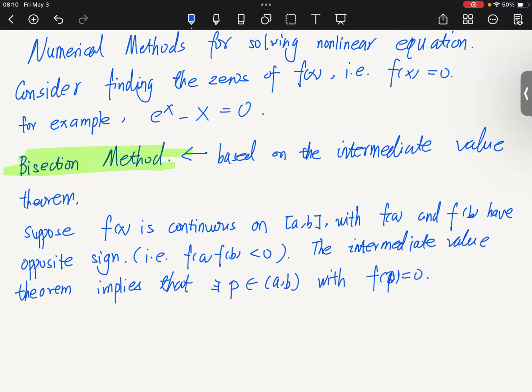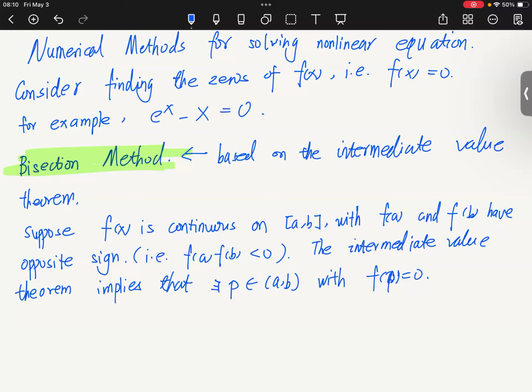And f(p) equals 0 means that p is the solution to the equation f(x) = 0. Does that make sense? So here p is just a solution.